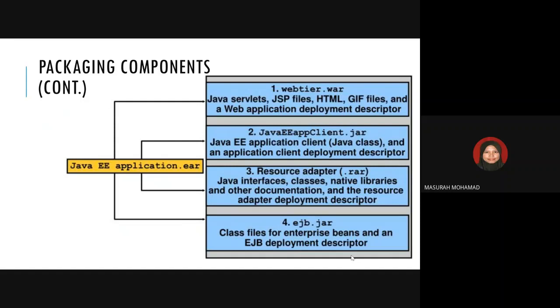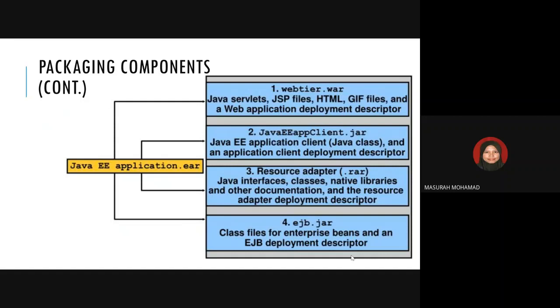It contains Java servlets, JSP files, HTML, and many more files, which involve the web application deployment descriptor. The second one is the packaged Java EE app client .jar, which contains Java classes and the Java application client deployment descriptor.